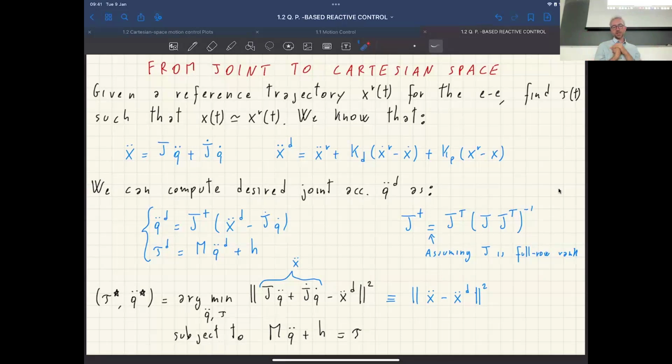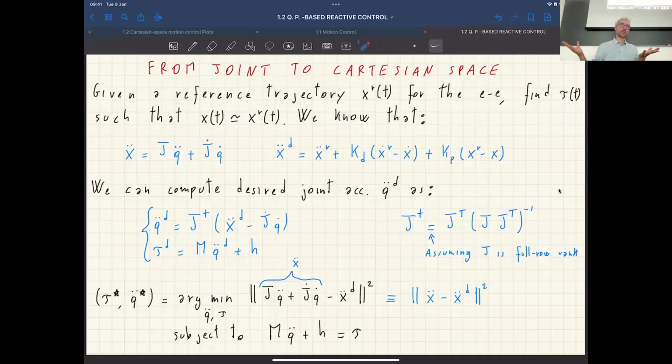The joint space makes a lot of sense if you know in advance exactly the motion that the robot should perform, because it doesn't depend on any perceived information, like perceived data. Like in an industrial setting, the robot has to perform always the same task in the same way. Well, you can basically solve the problem offline.